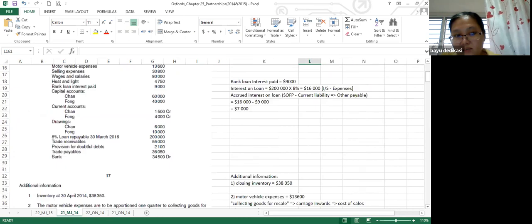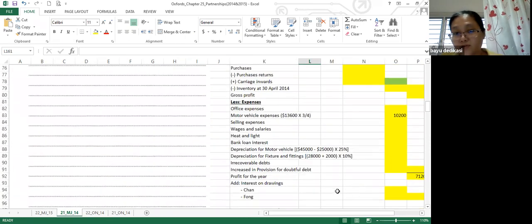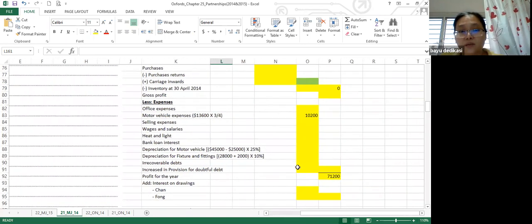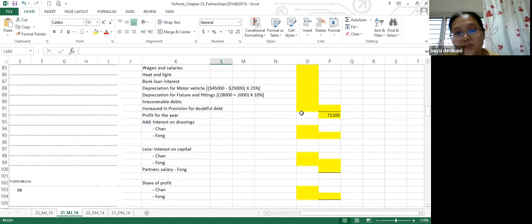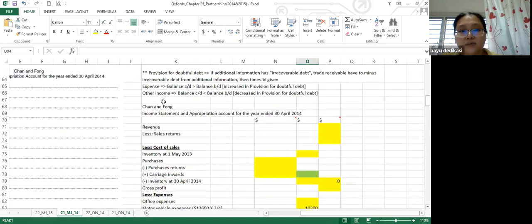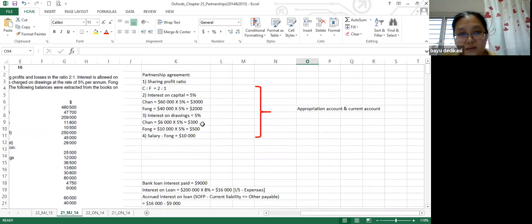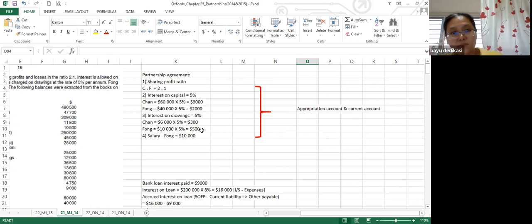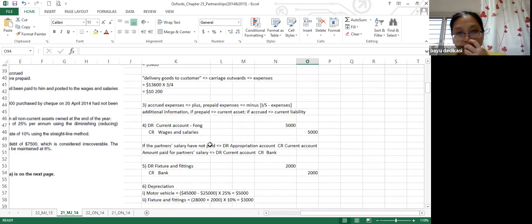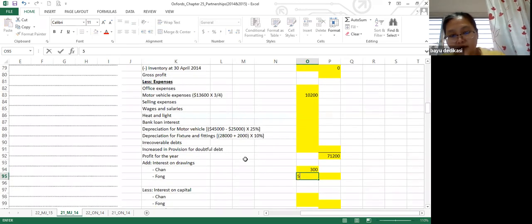So I will use this question to fill in the numbers, since we have most of the information already. Based on our calculation, the interest on drawing, which is on top here, 300 and then 500.